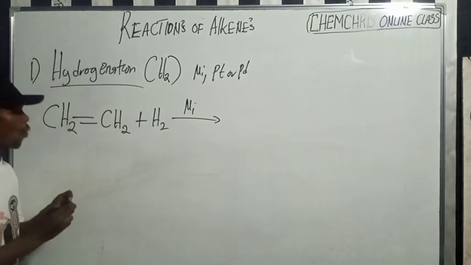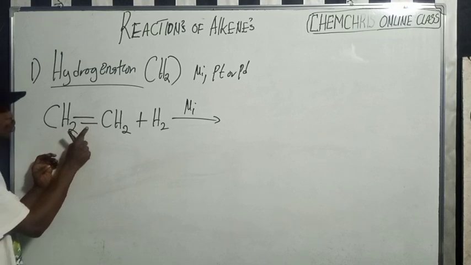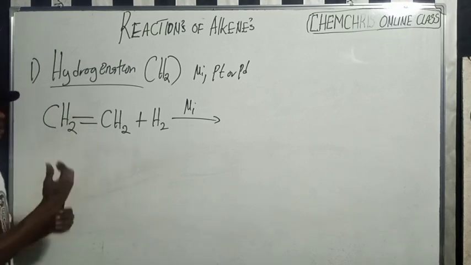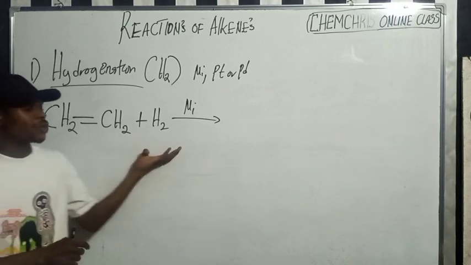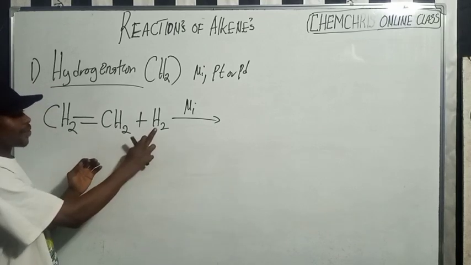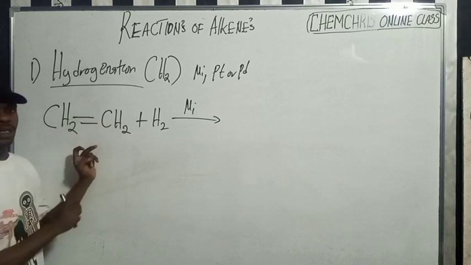Okay. So when this reaction occurs here, remember here we have a single bond and a double bond, right? So we have a sigma bond and a pi bond. Now this addition reaction takes place to break the pi bond. Here we have two hydrogens. So one will be added here and one will be added here, right? To break the pi bond.